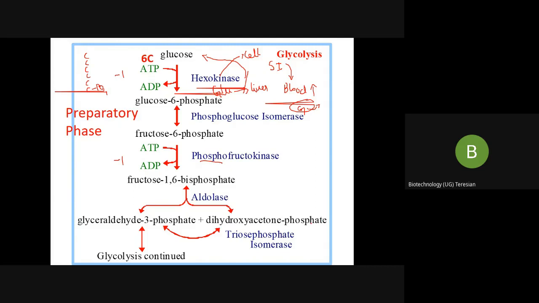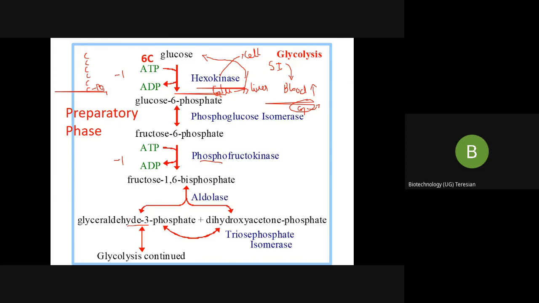This dihydroxyacetone phosphate gets converted into glyceraldehyde 3-phosphate, because only when it is present in the form of glyceraldehyde 3-phosphate can it continue the glycolysis pathway, not in this form. So this dihydroxyacetone phosphate, by using another enzyme, isomerase, gets converted into glyceraldehyde 3-phosphate.